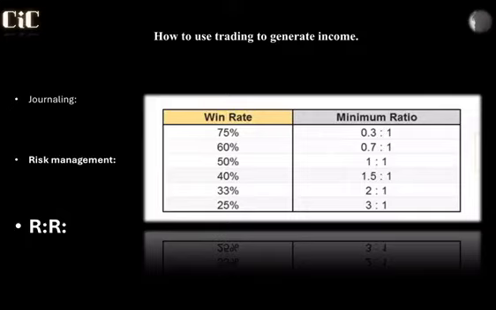This is how it's done. Understanding these three things: journaling, risk management, and risk to reward ratio. These are not the same thing. This is summarized in, and let's summarize this whole lesson. Journaling is summarized in miss, journal, catch next time; win, journal, repeat; lose, journal, avoid.